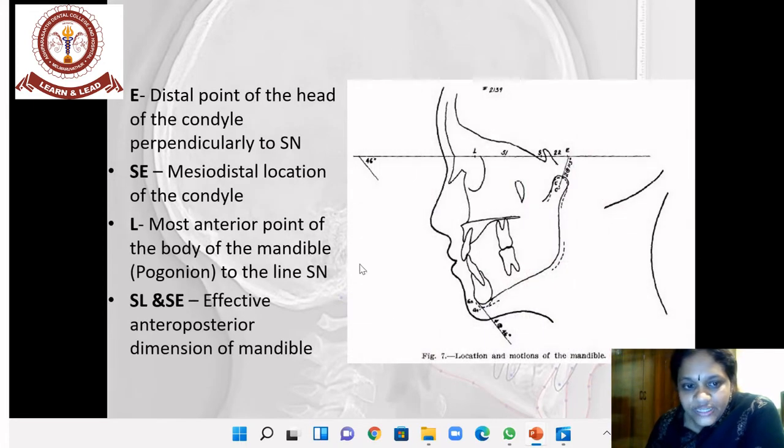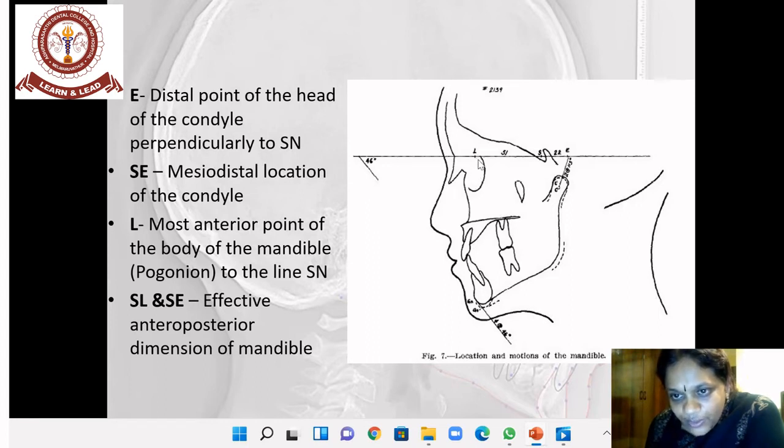Then comes your SL and SC. SL and SC is nothing but your orientation of your mandible, that is the effective anterior posterior dimension of your mandible to your cranial base. So the midpoint of your anterior most point of your mandible will be transferred through a perpendicular line to SN plane.